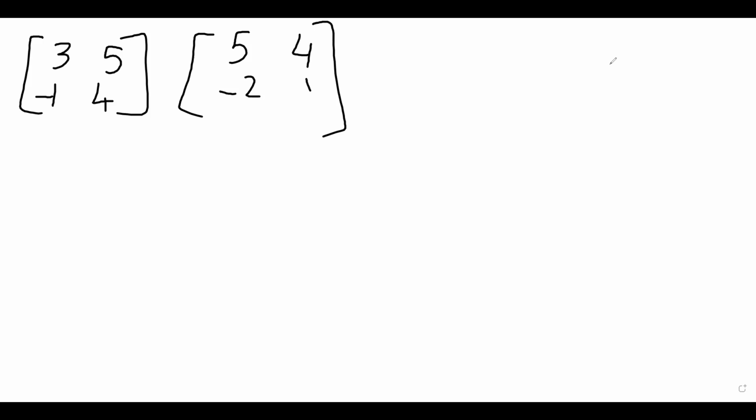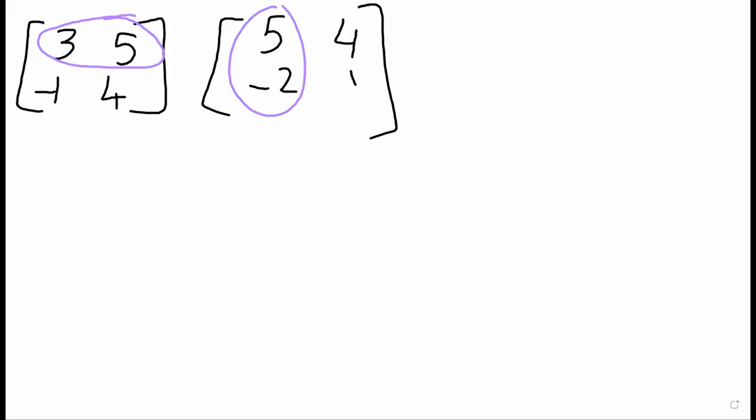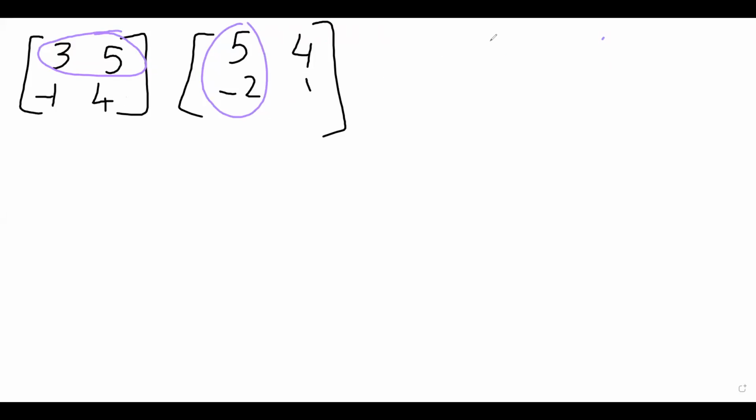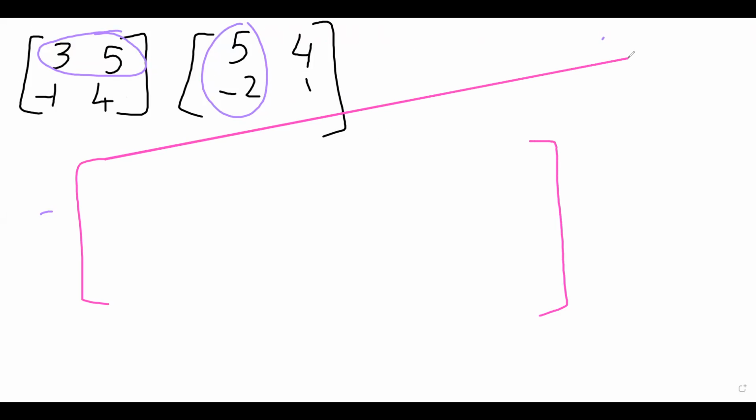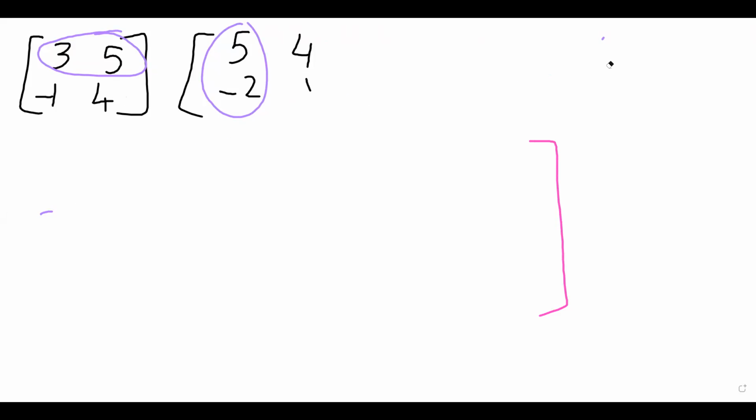As I told you, the first row, the first column. So 3 times 5 is 15.